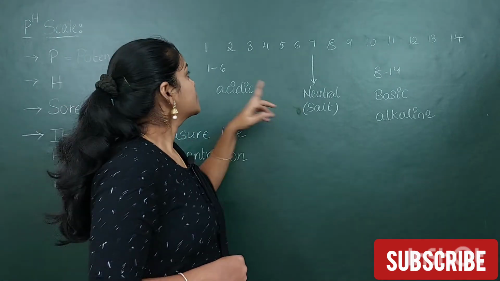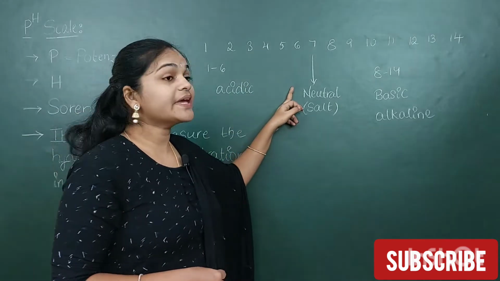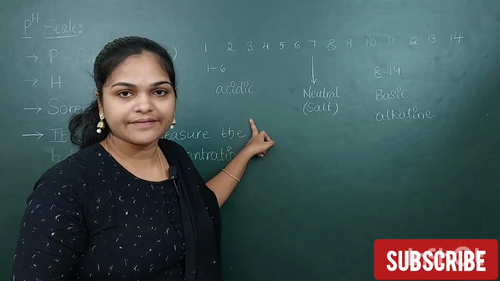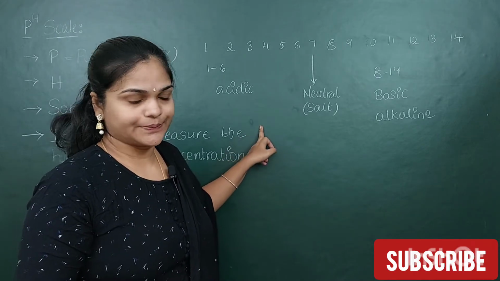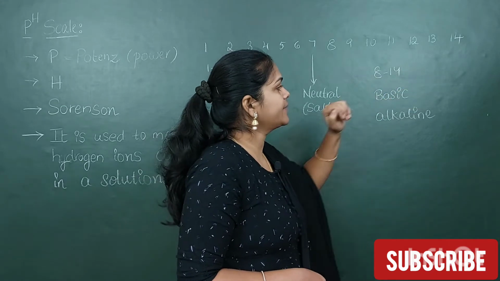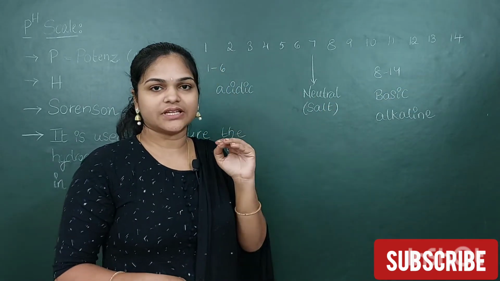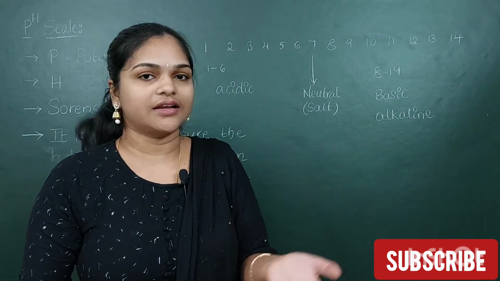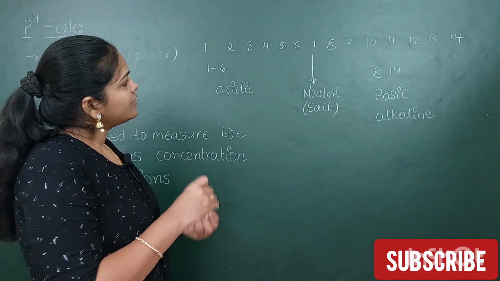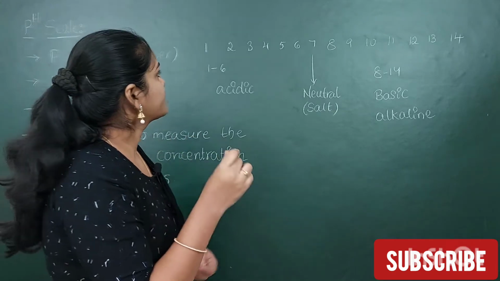Okay. So next, if the pH value of a solution is from 1 to 6, it is acidic in nature. If the pH value is from 8 to 14, it is basic in nature. Basic can also be called alkaline. Again we will divide these natures.